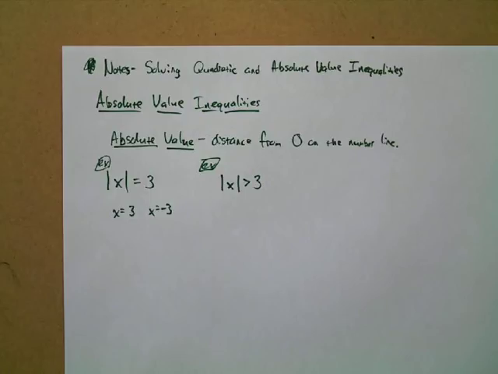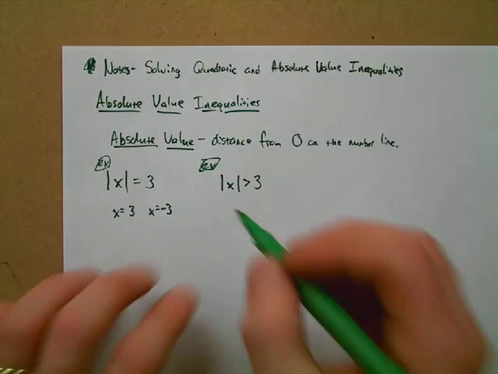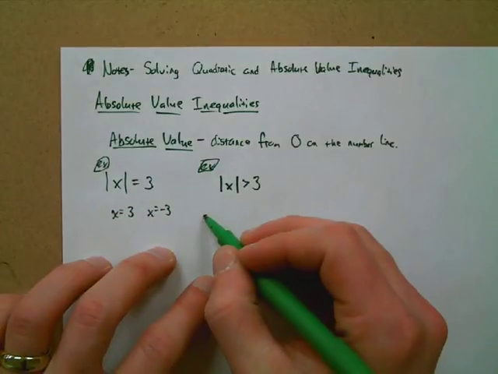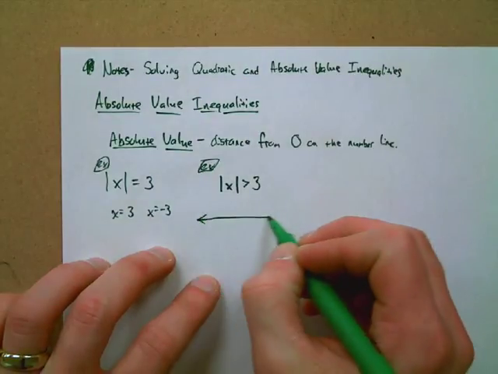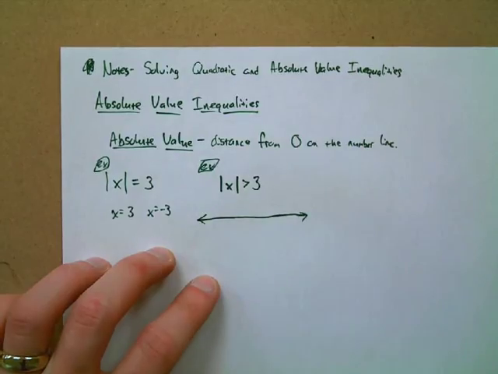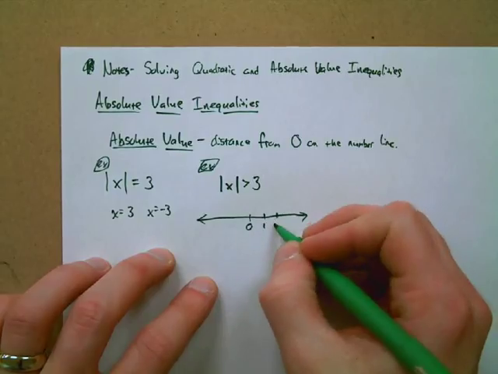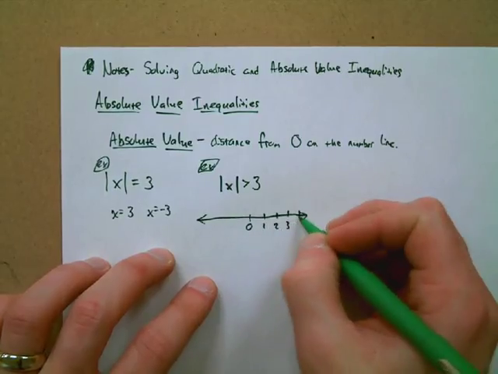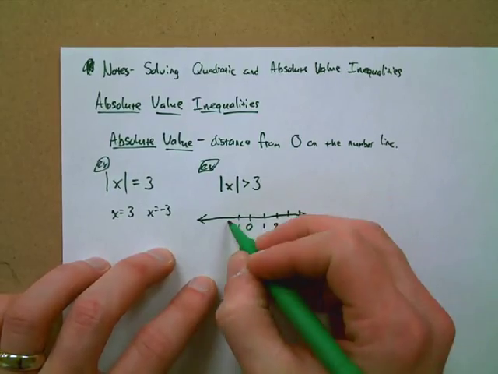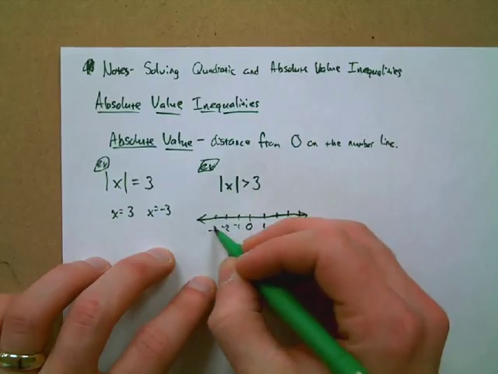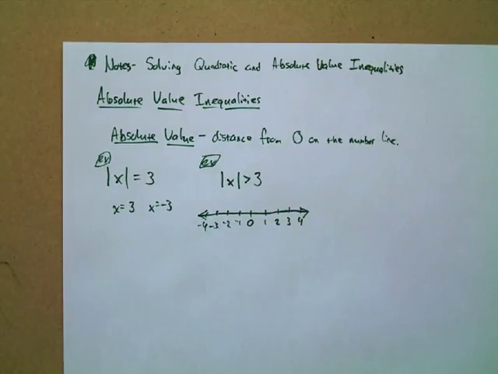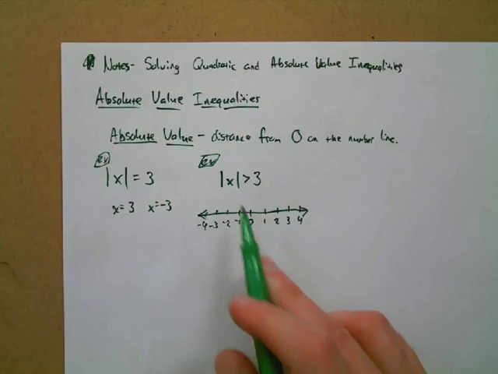But now, if we think about our number line, I'll actually draw this so we can see it better. Here's 0, I'm just going to put 0 in the middle there. Negative 1, negative 2, negative 3, negative 4. So we want this thing to be greater than 3 away from 0.